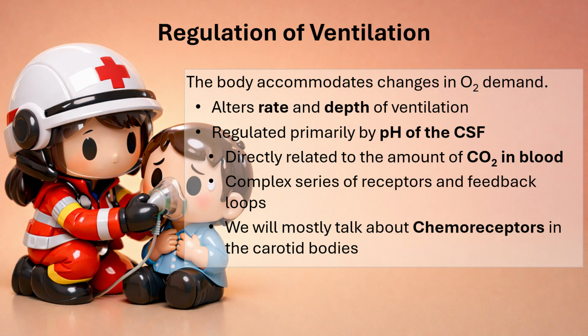Let's talk about physiology. Here, we're going to talk about the regulation of ventilation, and we learned this as an EMT a little bit. It has to do with a hypoxic drive. That's where we would have learned it as EMTs. Here, we should realize that the normal respiratory rate of 12 to 20 is where we are when, we'll be at 12 when we just don't need oxygen that much.